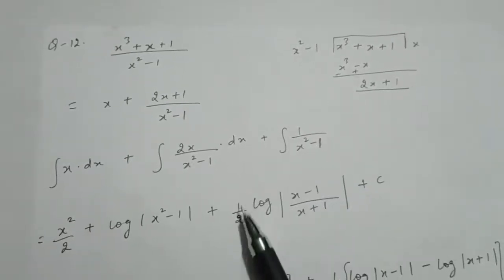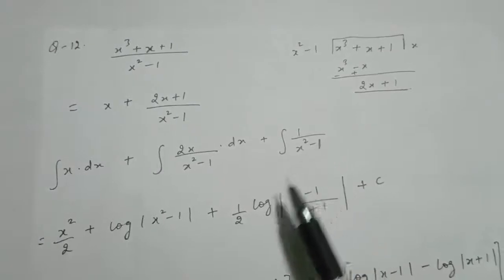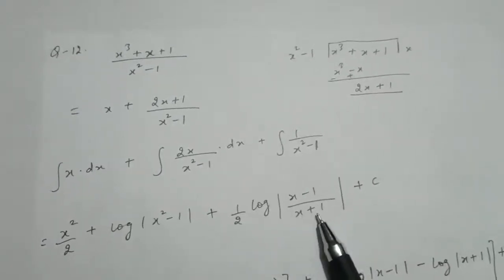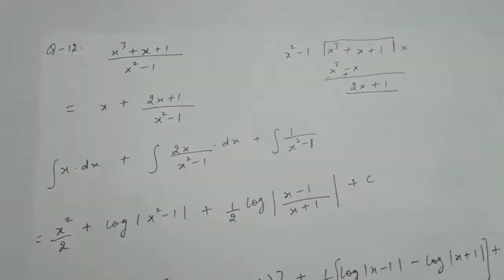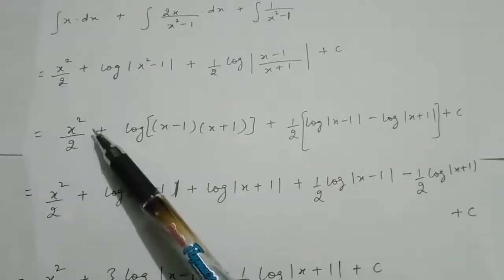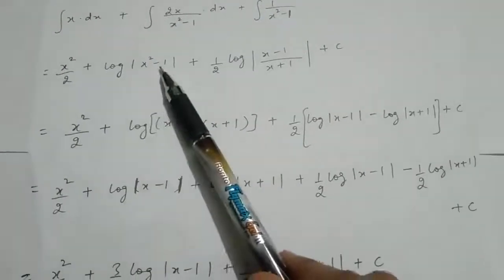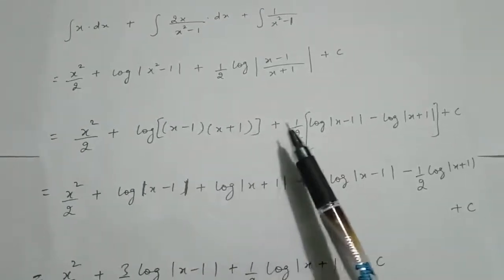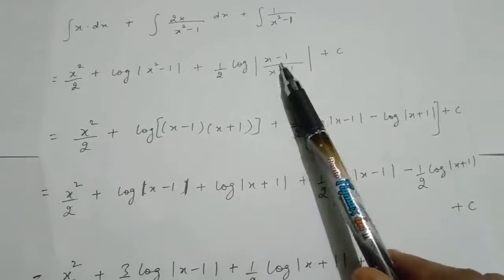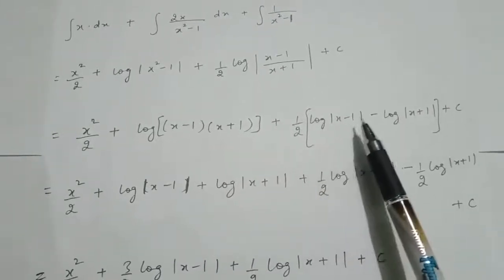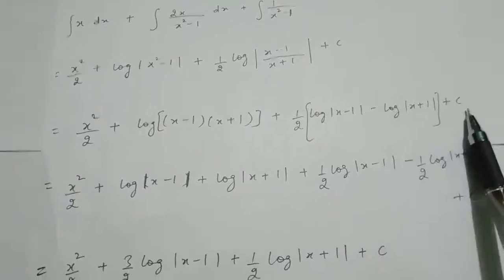It is 1 upon 2a, here a is 1, into log x minus a upon x plus a plus c, right? Now you can solve this further to get the answer. See, x square by 2 as it is, plus this can be written as log x minus 1 into x plus 1, plus 1 by 2 outside, this is log m by n, which can be written as log m minus log n plus c.